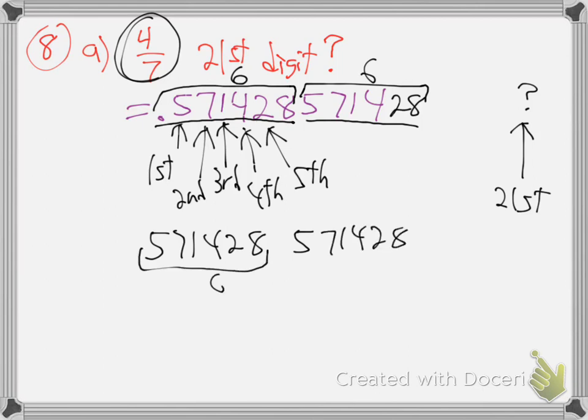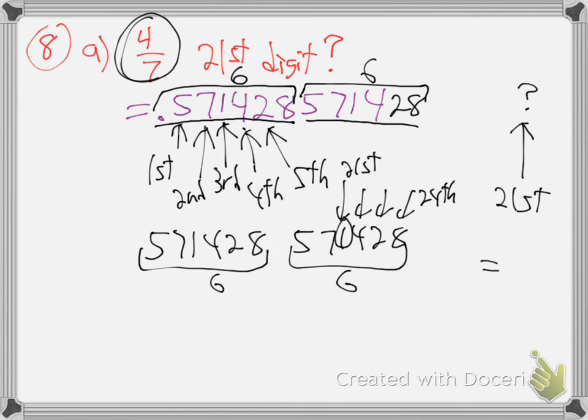That'll be 6 numbers. At that point, I've got 24 numbers. This is the 24th number, right? Because 4 times 6 is 24. So this is the 23rd, 22nd. There it is. The 21st is a 1. 21st digit must be a 1.